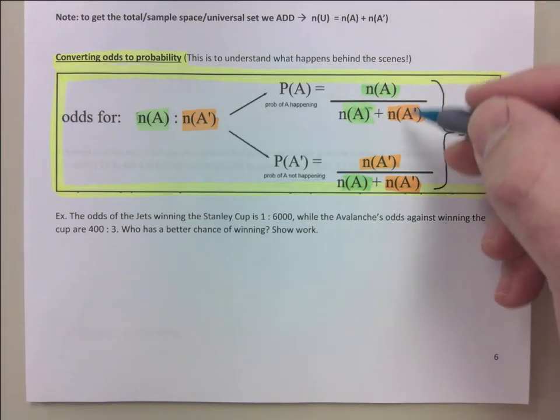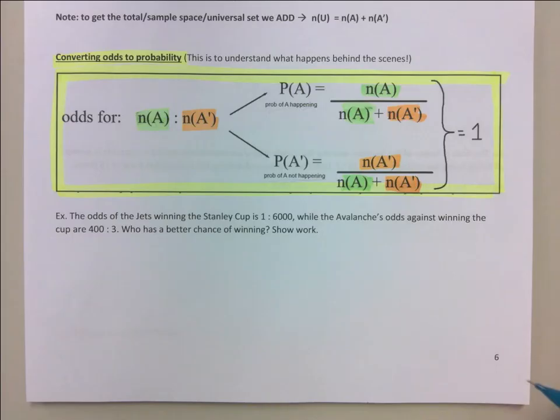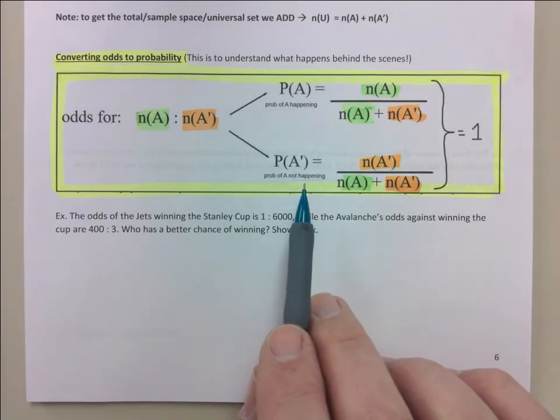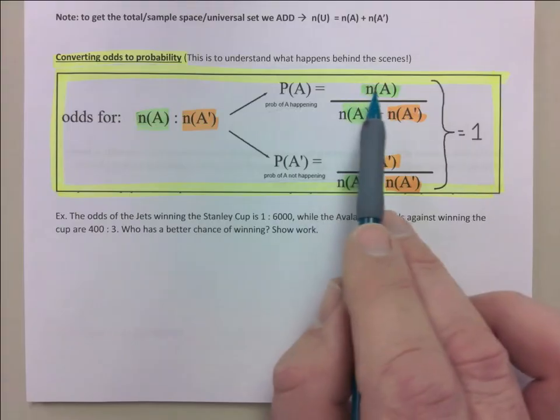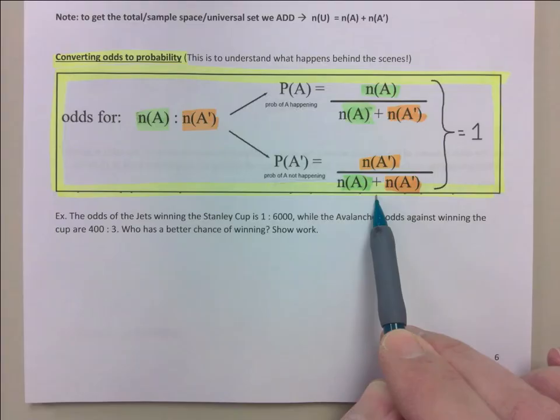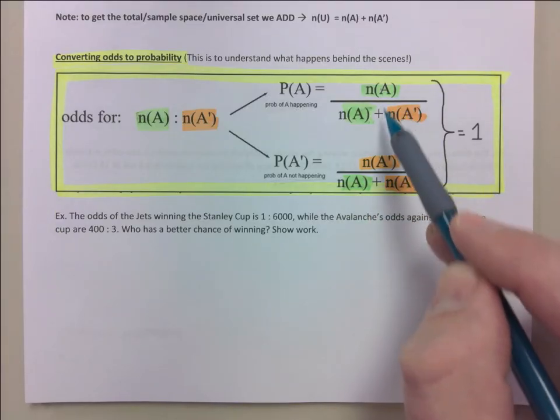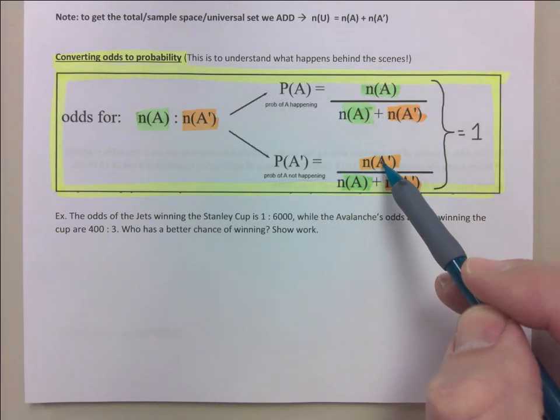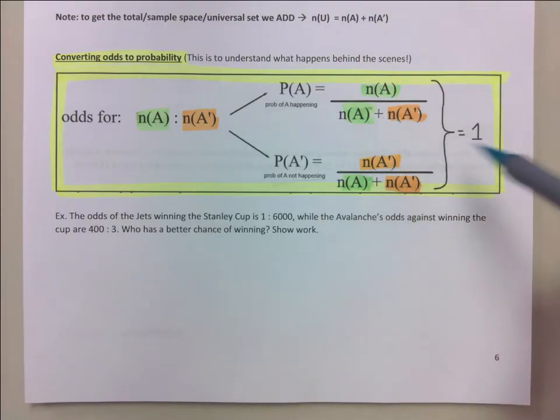That's why I'm just reminding you of that. So if you get 1 out of 5 here, this should be 4 out of 5, right? If you get 9 out of 10 here, this should be 1 out of 10. Combined, they always add up to 1. That is your check, right?